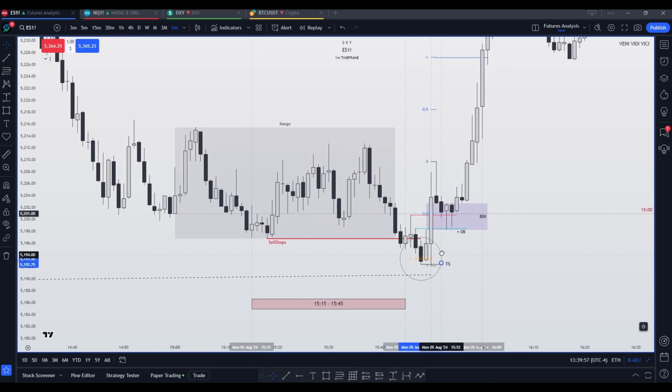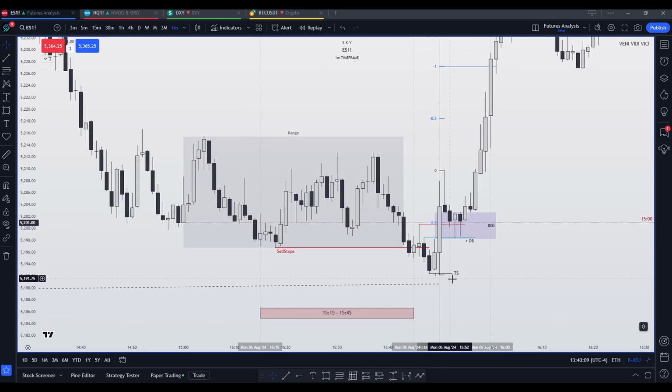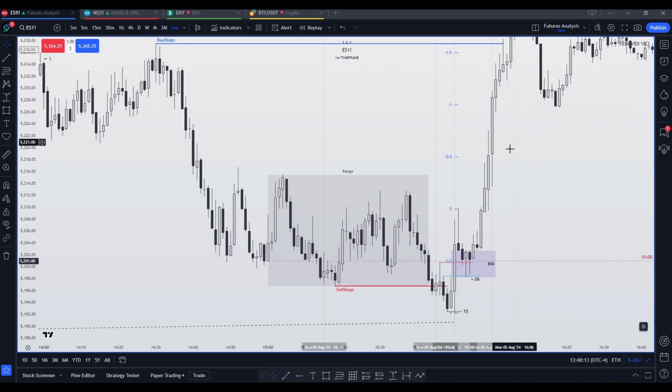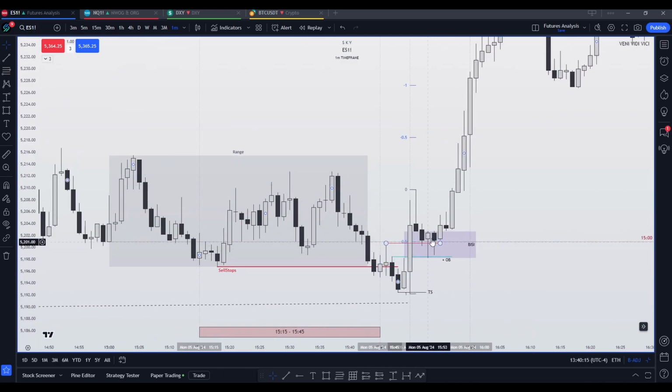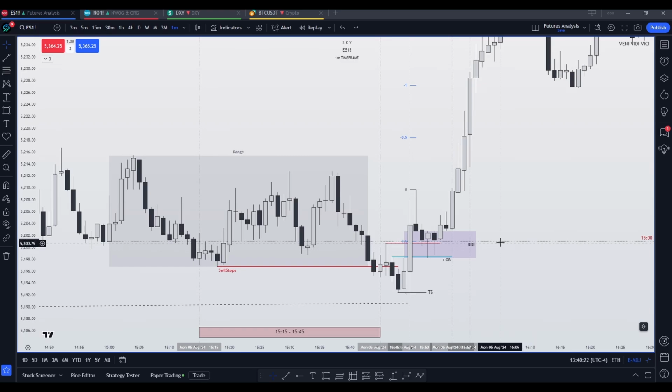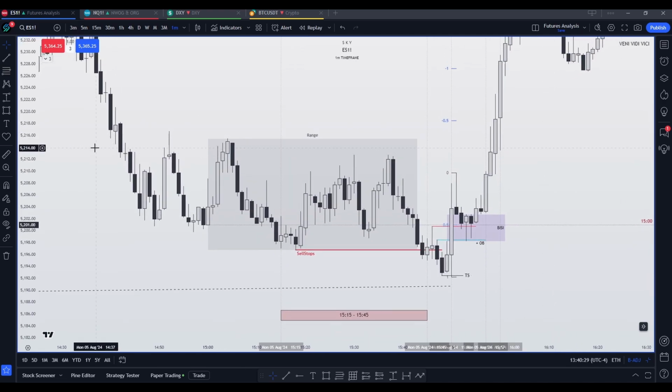Remember, we want to be taking a position closer to or inside the order block, below the sell stops, below this red line in this example. Here you can see how price explosive fast delivery once we tapped on this. So in this case, we didn't respect these times that we were talking about. So let's just not dip too much on this example, but I will give you some other stuff.